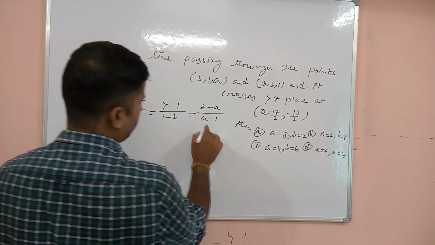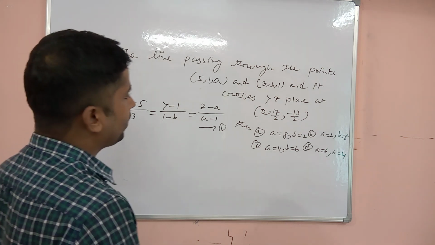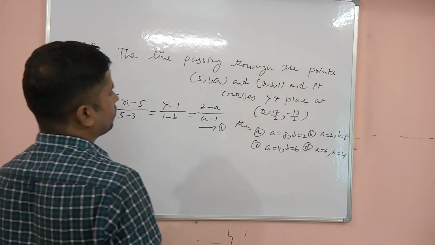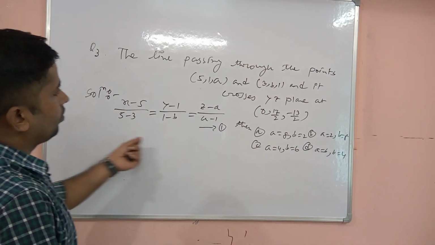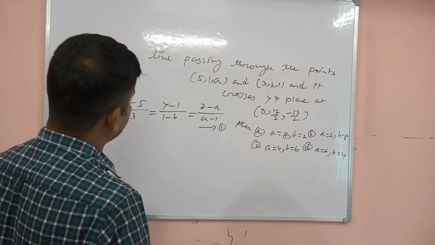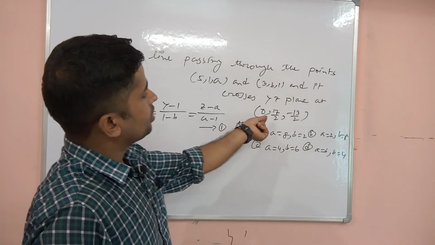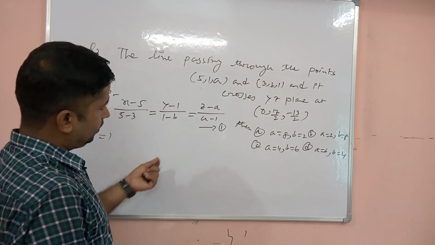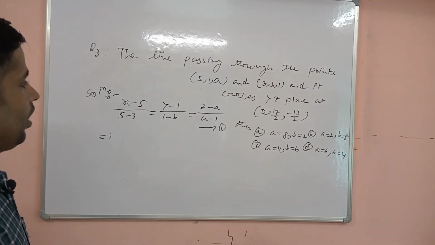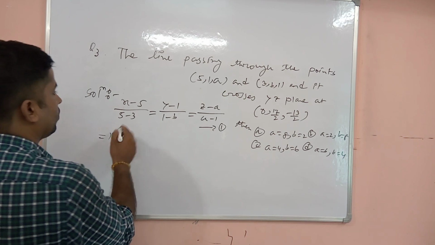Suppose this is the equation of the straight line, and as it passes through this point, this point must satisfy this equation. So in place of x we must put 0, for y it is 17 by 2, and in place of z it would be minus 13 by 2.